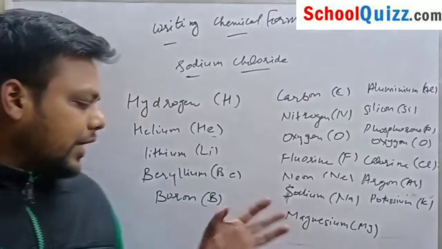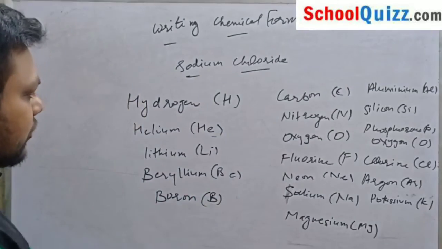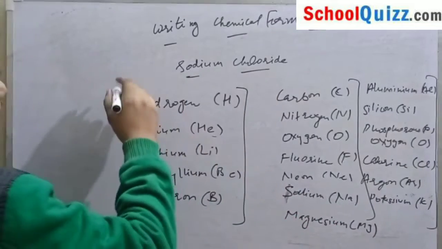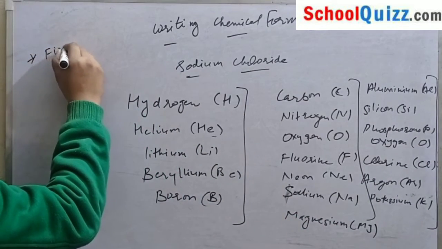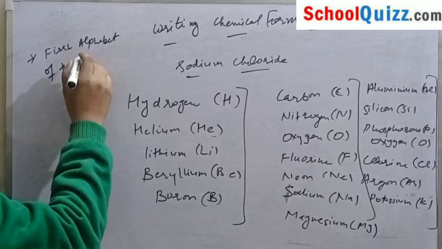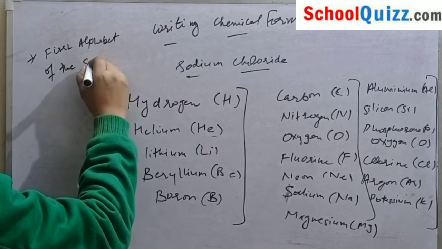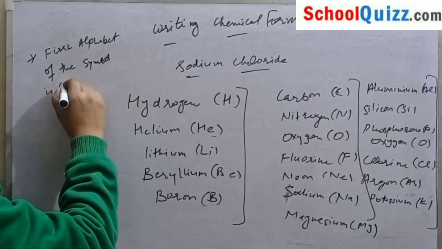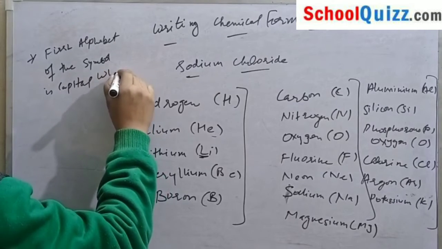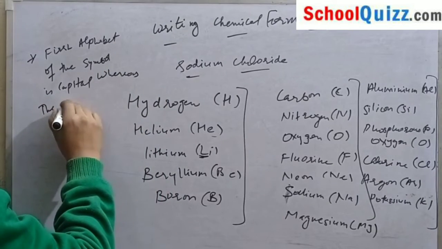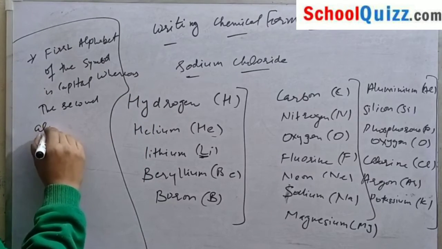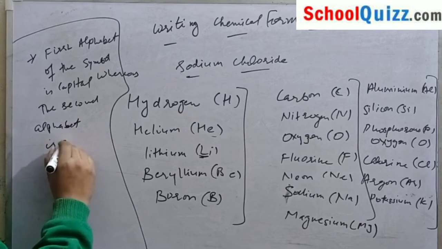So you have to remember their symbols. One thing you have noticed from these symbols is that the first alphabet of the symbol is capital, whereas the second alphabet is small.